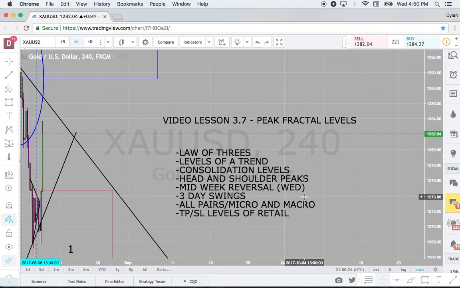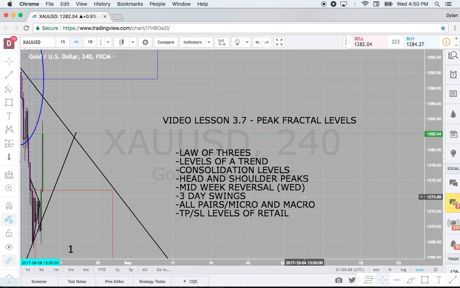So another example is 3 days into Forex is the middle of the week for the most part. So Monday, Tuesday, and then Wednesday. Wednesday is the middle of the week. And many times there will be a 3-day swing in one direction.